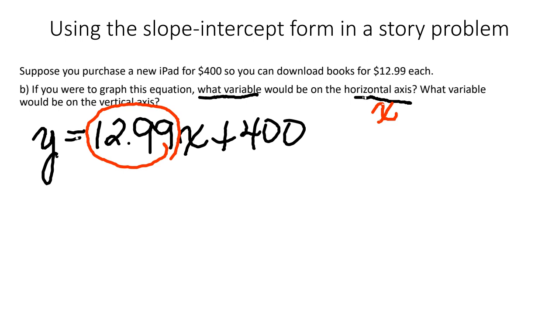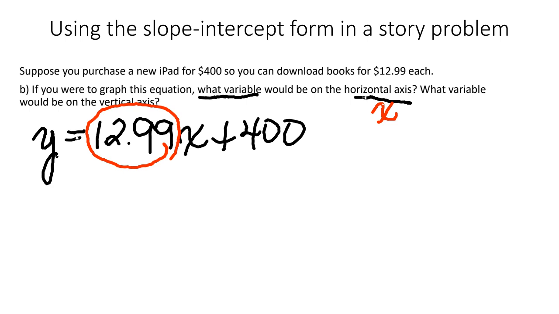The x would equal the number of books downloaded, and the vertical is the y, which is the cost found from the purchase of the iPad and the downloaded songs.